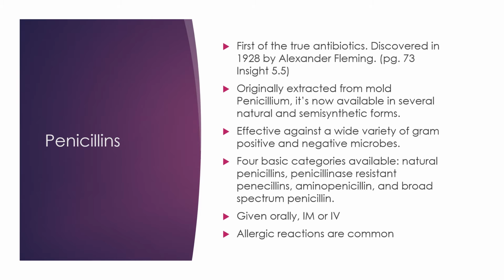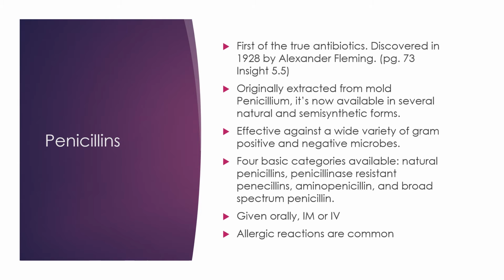So we'll start with the penicillins. This is the first of the true antibiotics. It was discovered in 1928 by Alexander Fleming. And if you read the Insight 5.5 on page 73, it's a pretty interesting read about how he discovered the penicillin and how it came about.